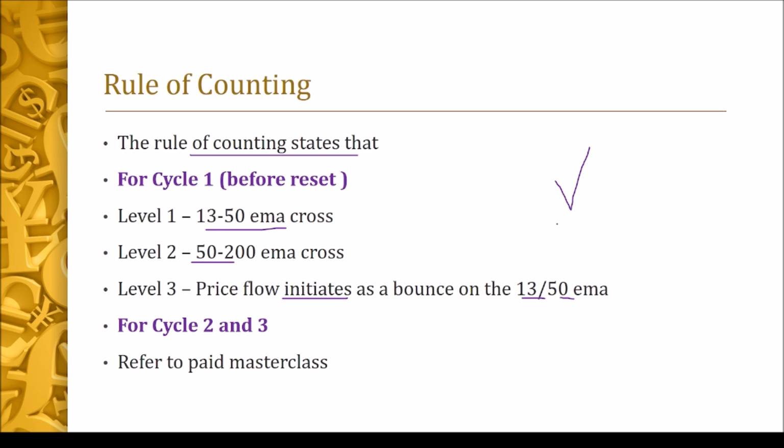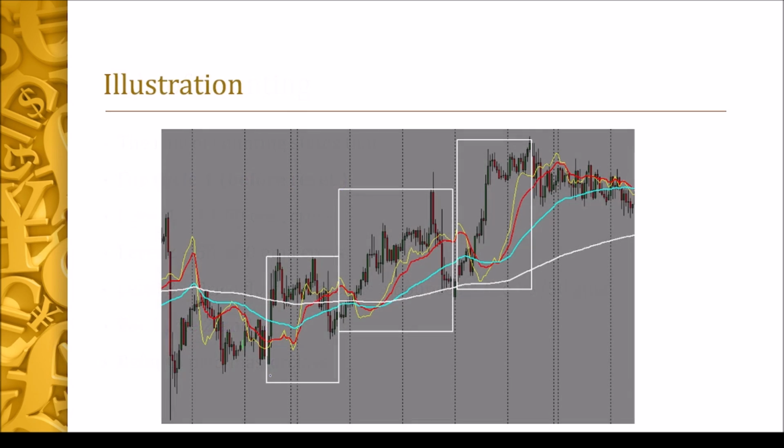We need to see price bouncing on the 13 or 50 EMA, which are basically exponential moving averages applied to close. Then for cycle 2 and 3, unfortunately, you'll be required to refer to the paid masterclass to know how it actually works in cycle 2 and cycle 3.